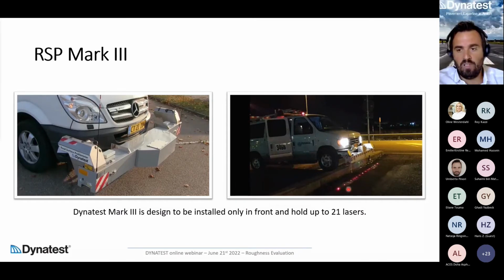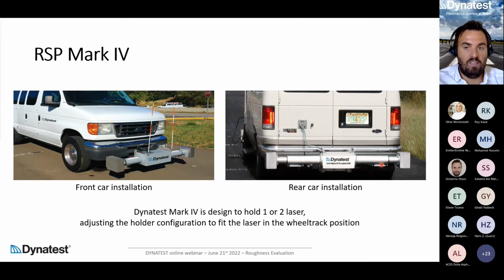In this case, using a big number of points, we can also measure the cross profile. A Mark III can be installed only in front. And then we have an RSP Mark IV. The Mark IV is called a portable RSP, and it can be installed in front of the car or in rear position.